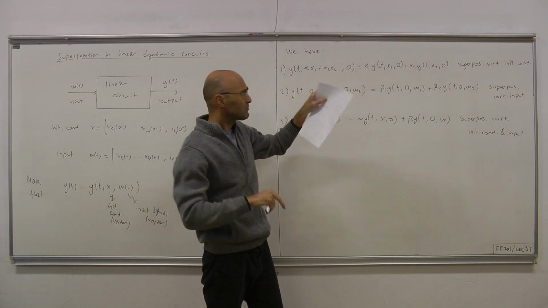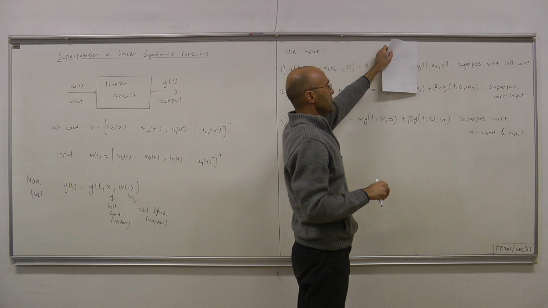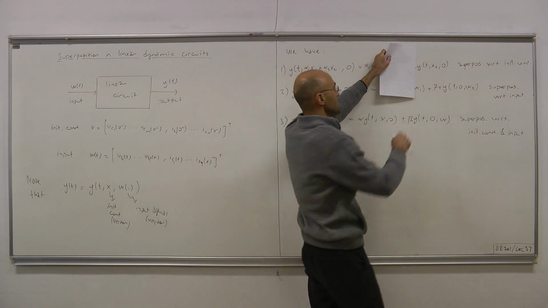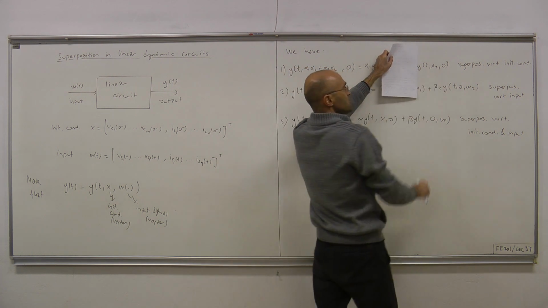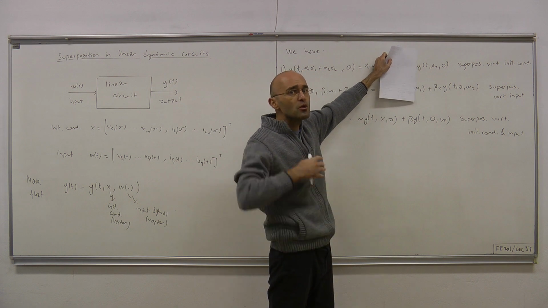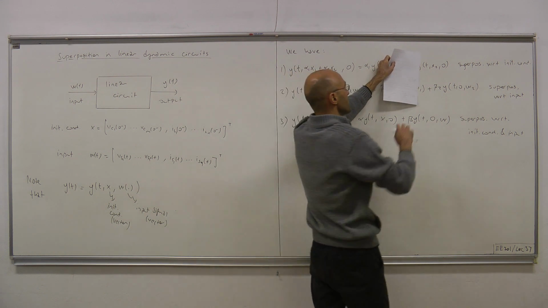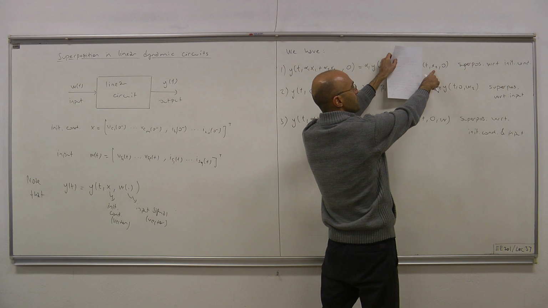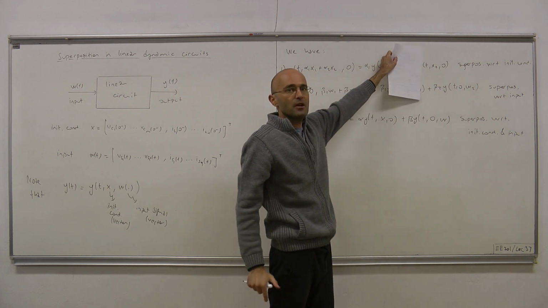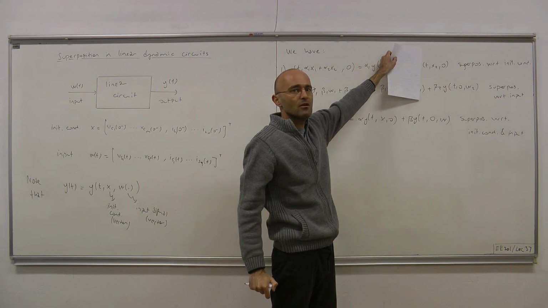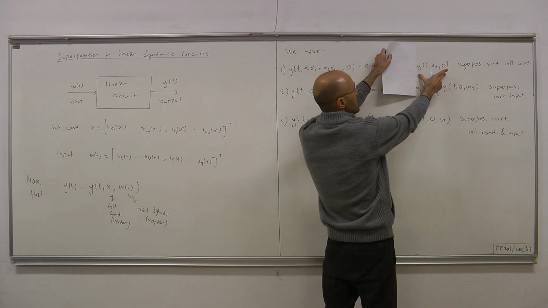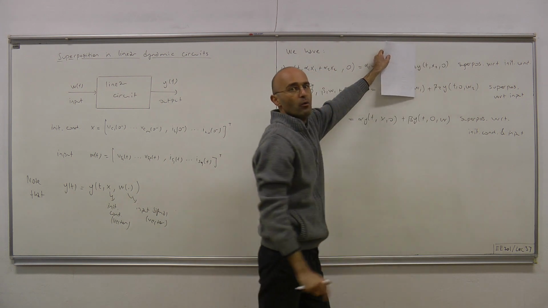And then you go back to your setup and perform a new experiment. Again, it's zero input response. This time you set the initial conditions to some arbitrary different values, a different set of capacitor voltages and inductor currents, and you obtain the response and you record it somewhere.